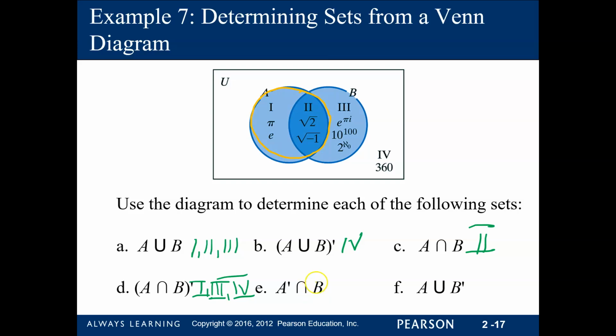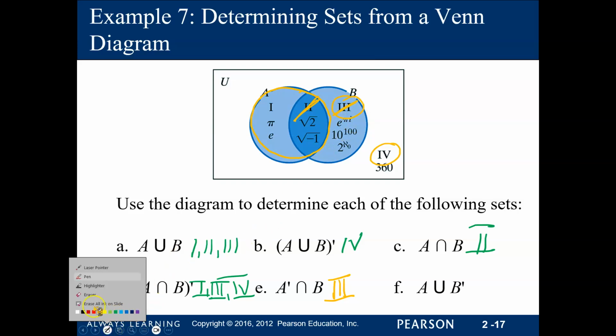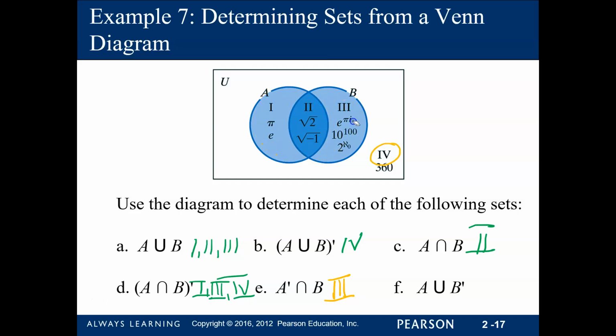And then you have to get the intersection with set B. So in this case, not A intersection B is area 3. Okay? So not A is 3 and 4, but set B is 2 and 3. So you can see that that answer would be area 3.